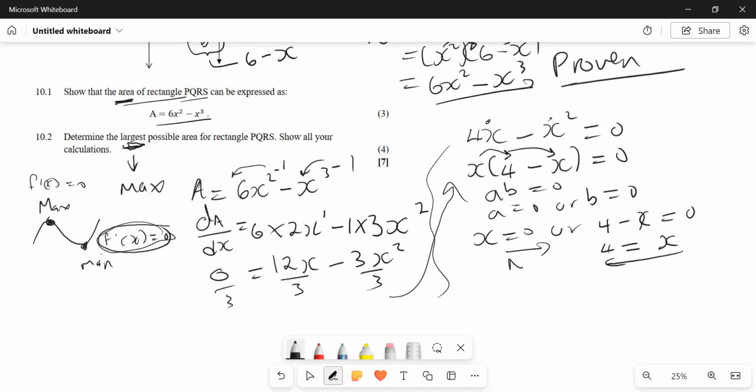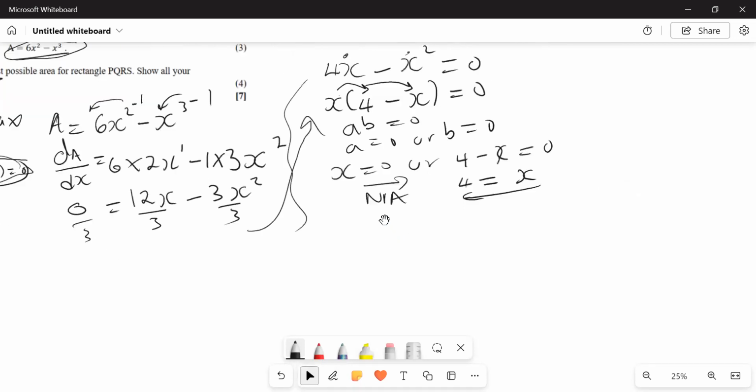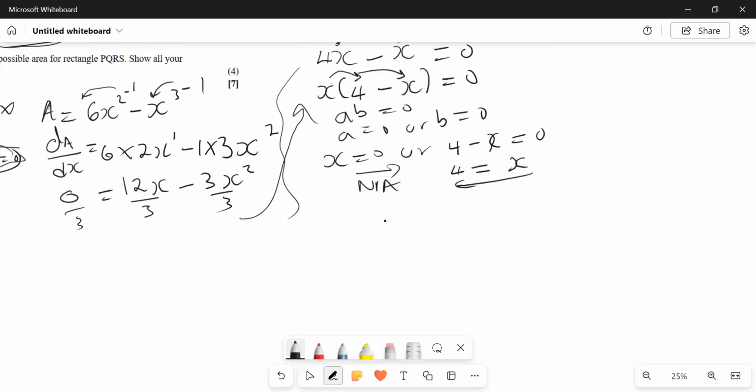But x equals 0 is not applicable because when we substitute 0 into this formula, we get an area of 0, and we're looking for the maximum area. The formula of the area we have is 6x squared minus x cubed. Whenever we see x, we substitute 4 so that we can get our maximum, or largest, area.